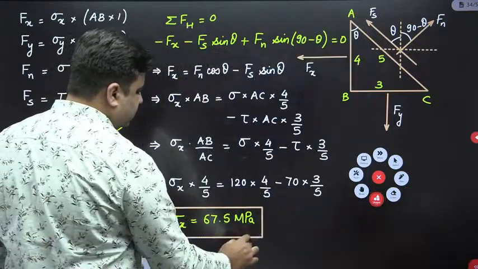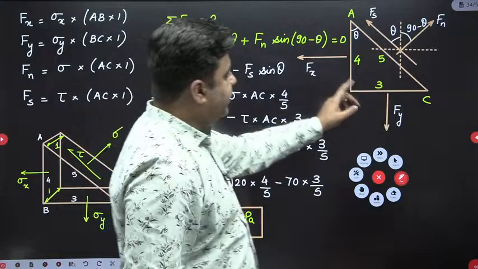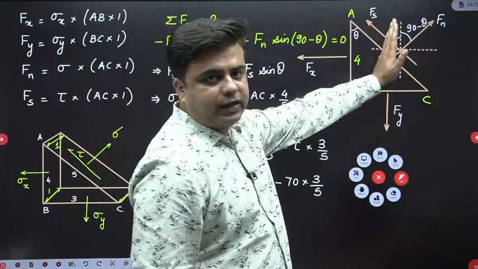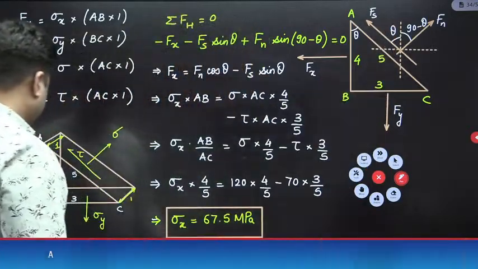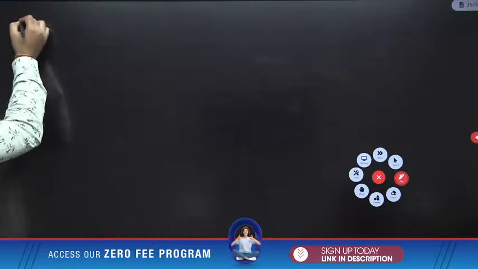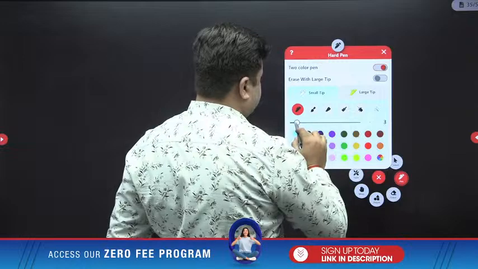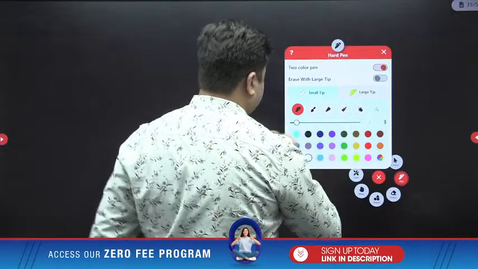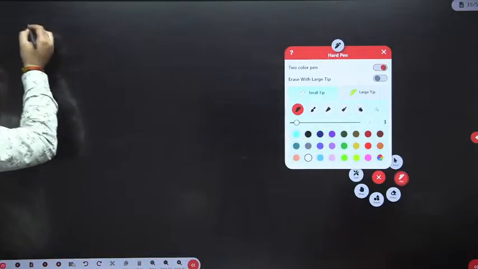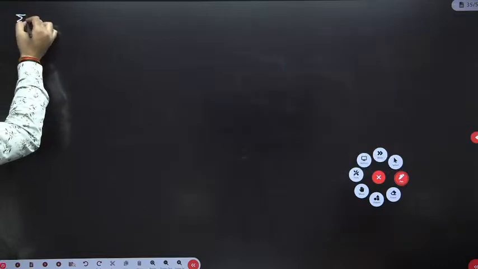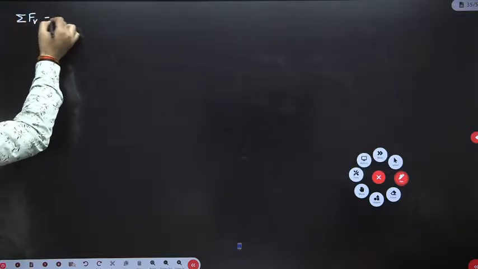Now next is, for this lamina, take summation of vertical forces equal to 0.